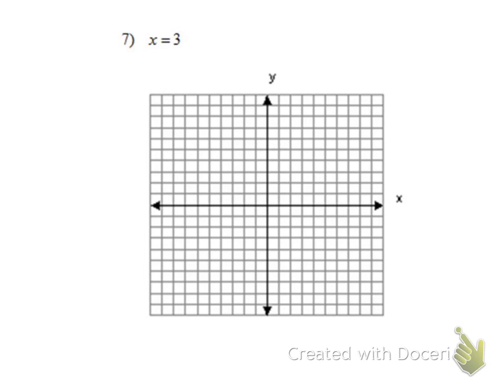All right, number 7, x equals 3. What should I do? Go to 3, right? 3 to the right, good. So 3 on the x-axis. Then what? And you want to go vertical?